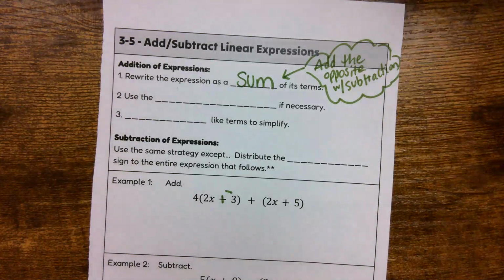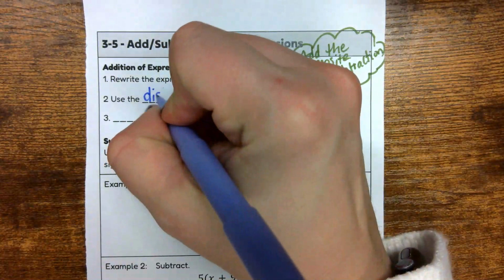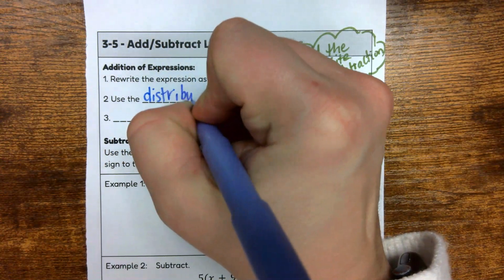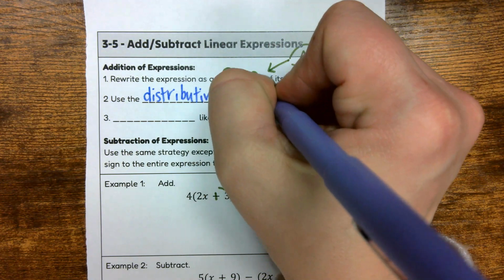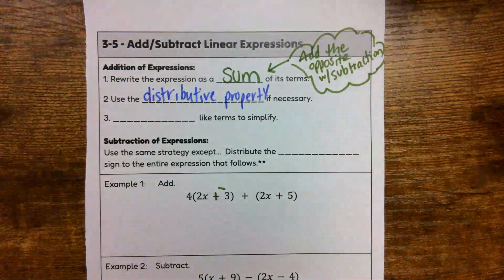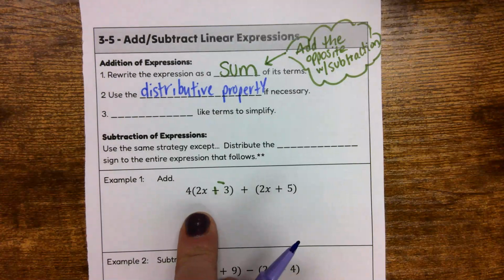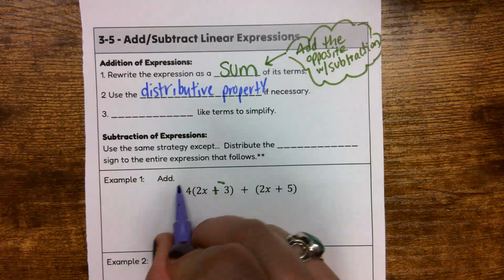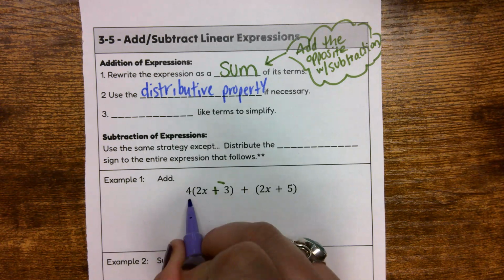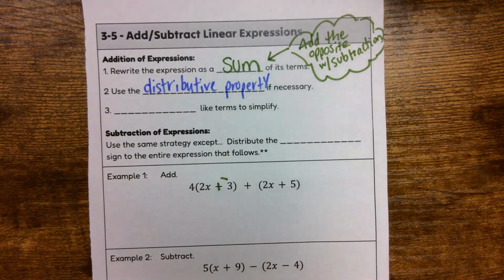Next, we are going to use the distributive property if necessary. So how do you know if it's necessary to use the distributive property? That is when there is a number, a constant, in front of parentheses that we need to multiply and distribute.